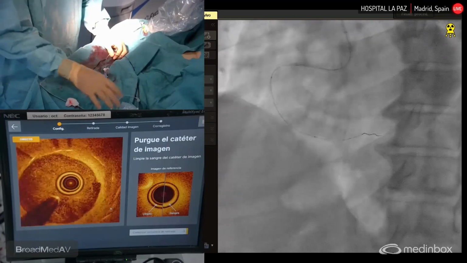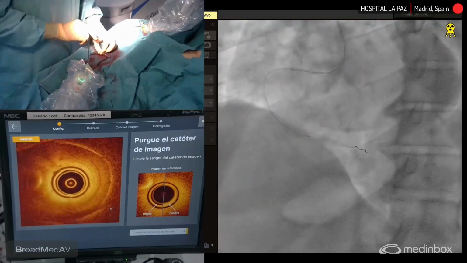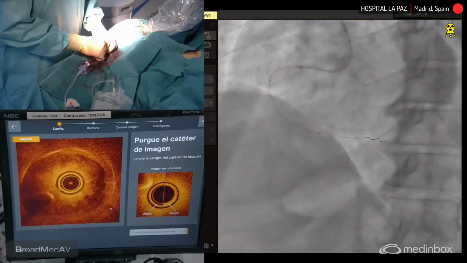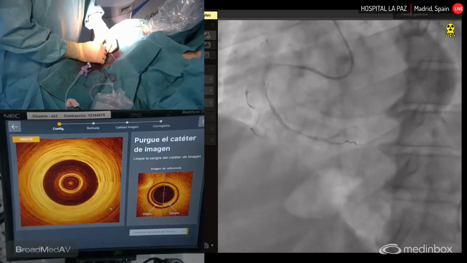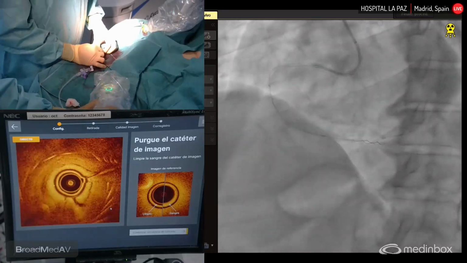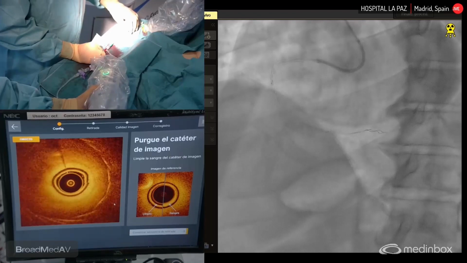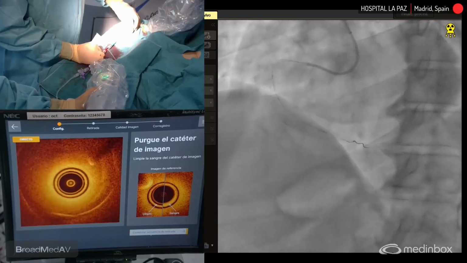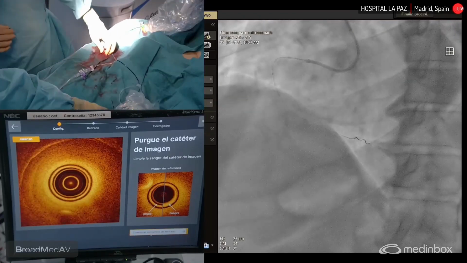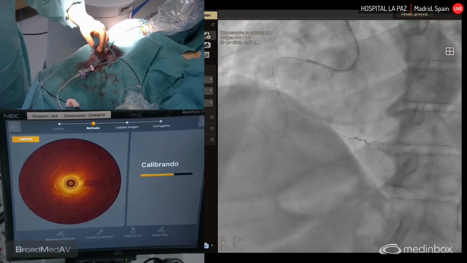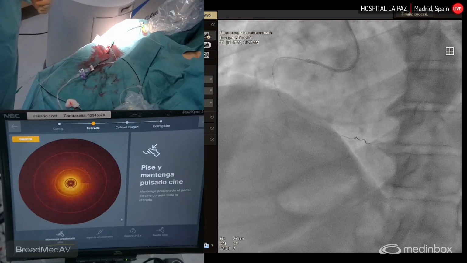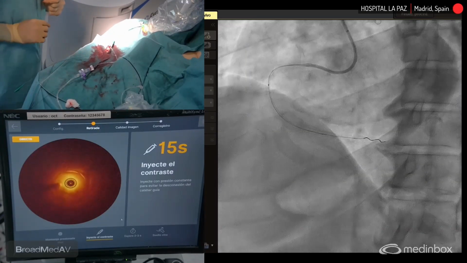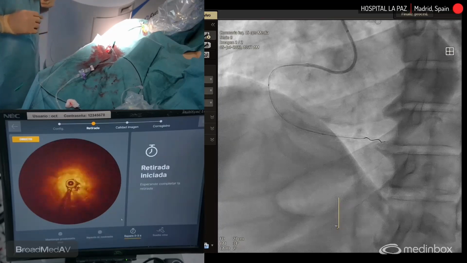Vale, un test de contraste, porfa. Un poquito más. Vale, pues vamos a ponerlo otra vez 12. ¿Estamos? ¿Estamos, Dani? Sí. Vale, contraste.